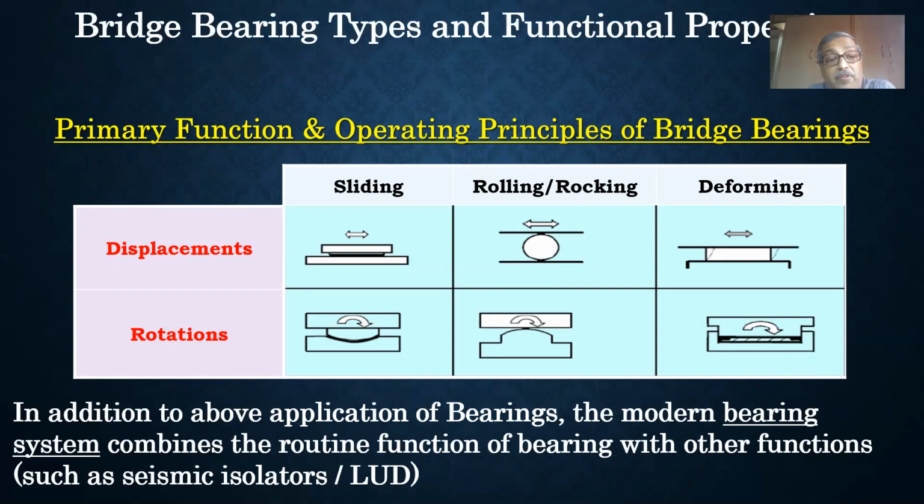The second mechanism for displacement is a rolling mechanism, a concept used for rocker and roller bearings, where the top plate rolls over, and in the process, the movement is allowed, and the roller also will move half the distance as compared to the movement of the superstructure, the substructure being rigid.